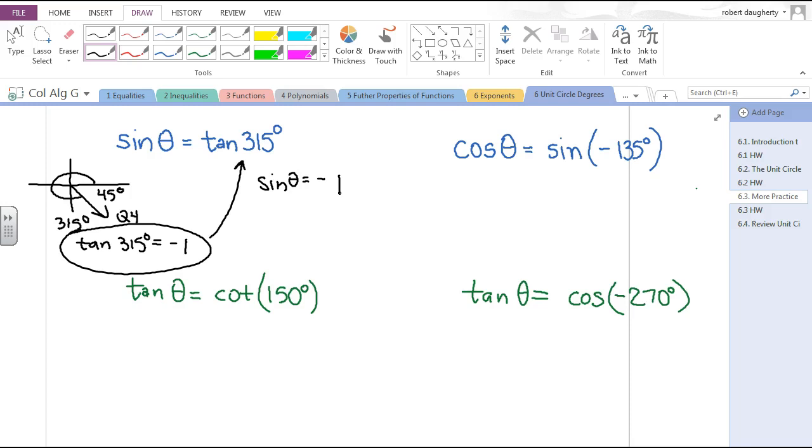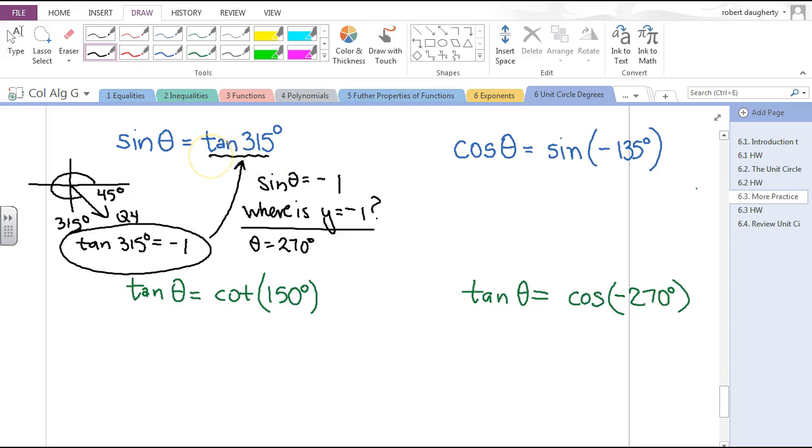So this is asking you, where is y equal to -1? Where does that happen? Yeah, 270. So theta equals 270 degrees.